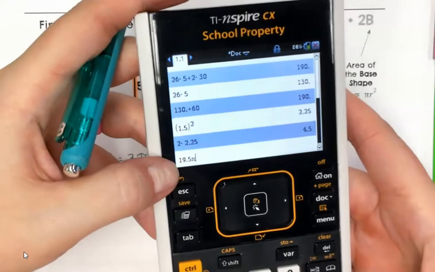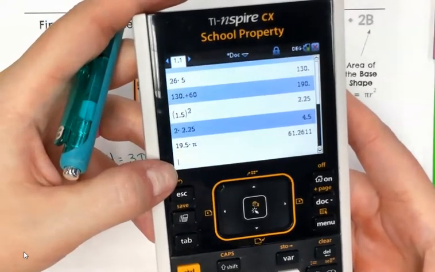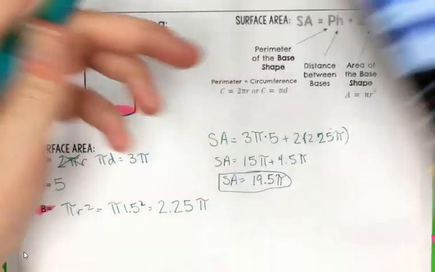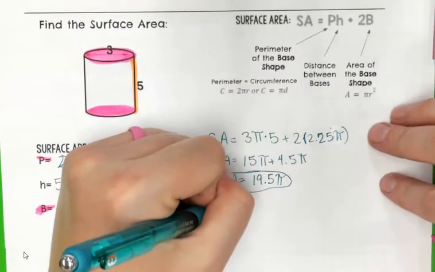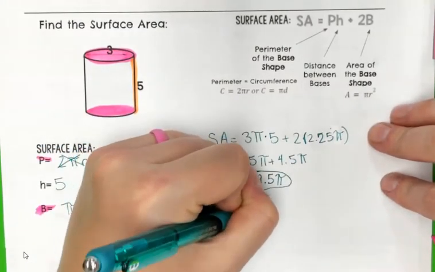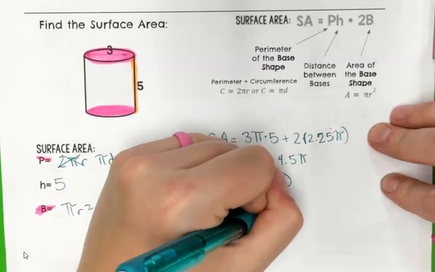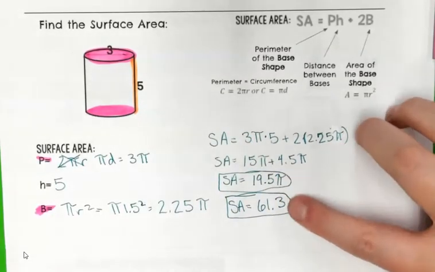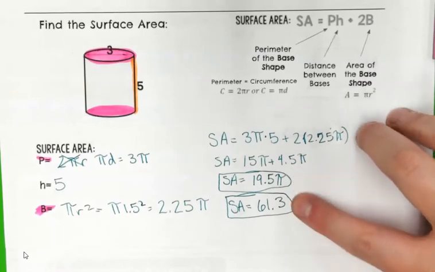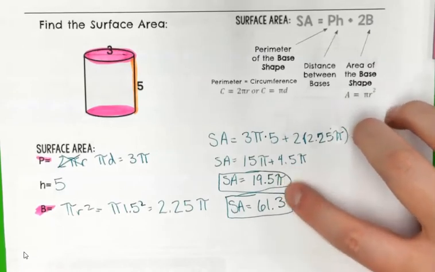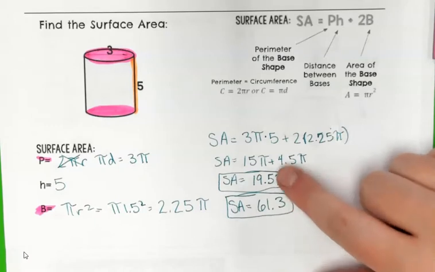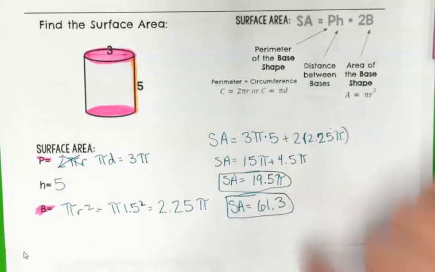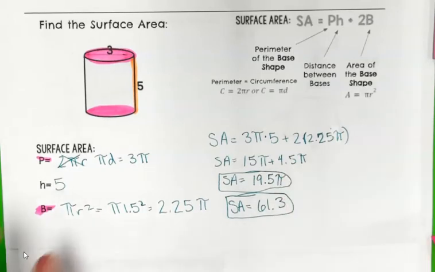And so we turn this into 61.3. So another answer, depending on what it asked, would be 61.3. And this is actually the same number. I know, they look crazy because they're very different. But this is the same number. You just put this in the calculator and it turns it into 61.3.